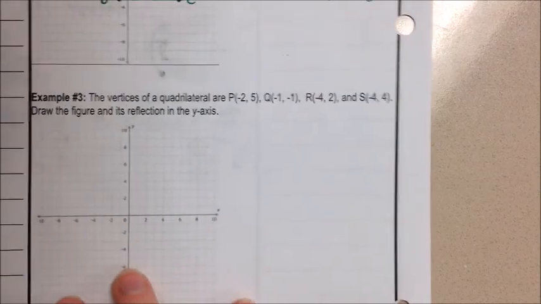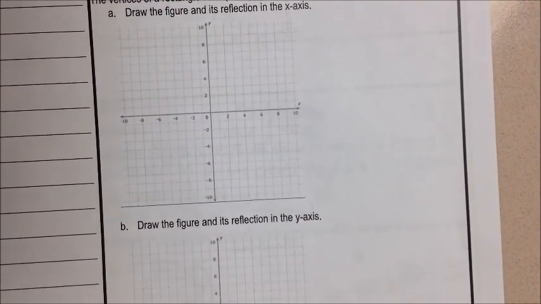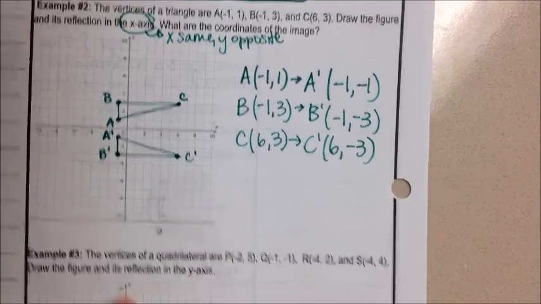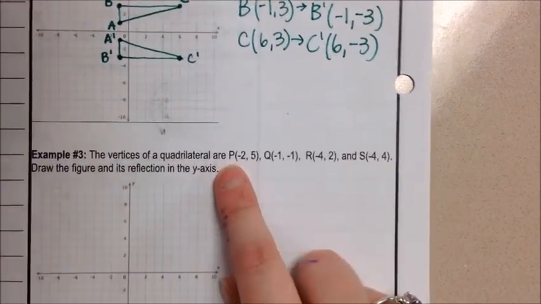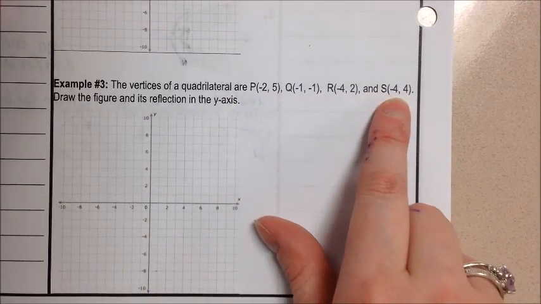So we're going to do example 3, and then you'll do the You Try on the back, which has both practice for example 2 and 3. So the vertices of a quadrilateral are (-2, 5), (-1, -1), (-4, 2), and (-4, 4).